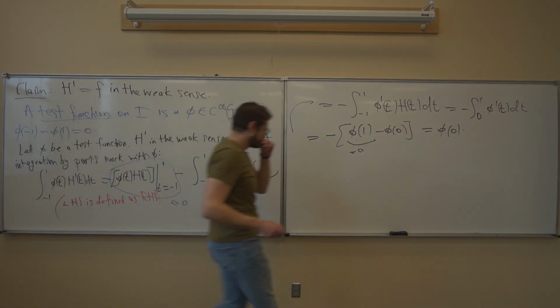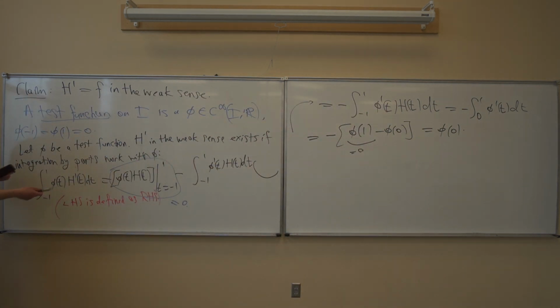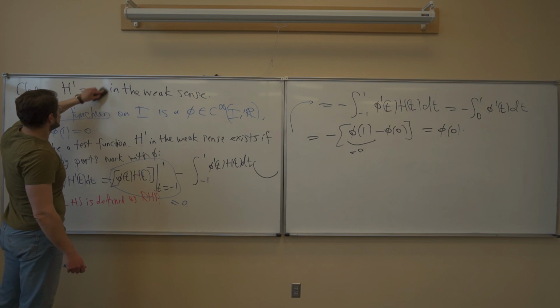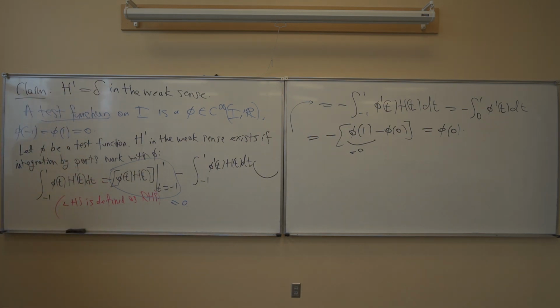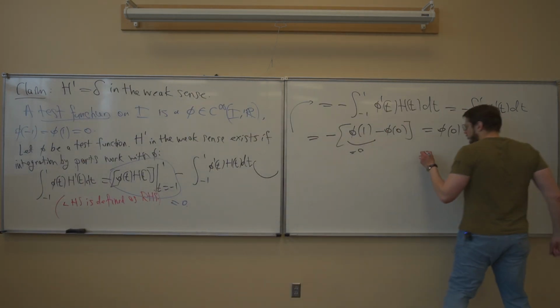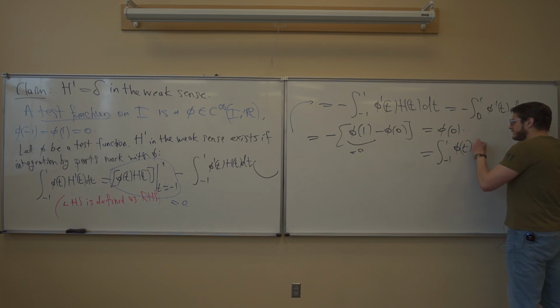So we computed the weak derivative in a sense, but I computed actually this is delta. So this is written also as the integral from -1 to 1 of phi of t, delta of t, dt.